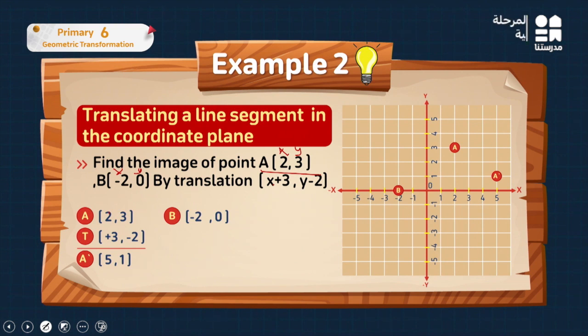And my translation by adding 3 to the x-axis and taking 2 from the y-axis. So it will be plus 3, sorry, negative 2. طيب الإيمج بتاعت البي اللي هي البي داش it will be ايه؟ هنا عندي 0 minus 2, it will be negative 2, sorry, and negative 2 plus 3 it will give me 1.